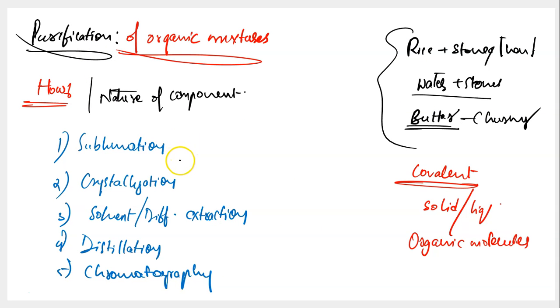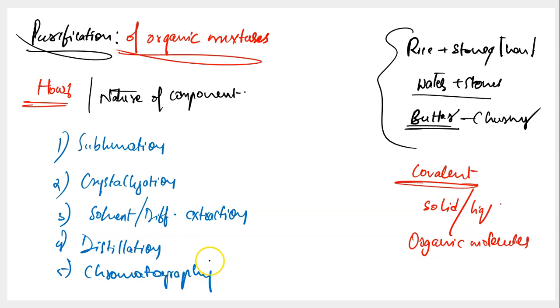Purification techniques will help you separate the organic mixtures, and you need to adopt a technique based on the properties of the components that you have in the organic mixture. Here are 5 techniques that we will be studying as a part of our syllabus: sublimation, crystallization, solvent or differential extraction, distillation, and chromatography.